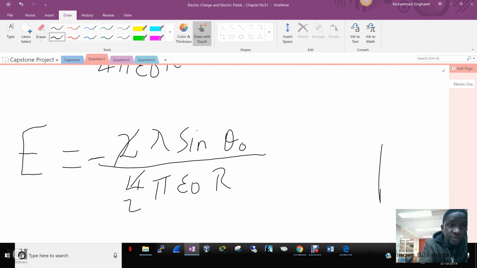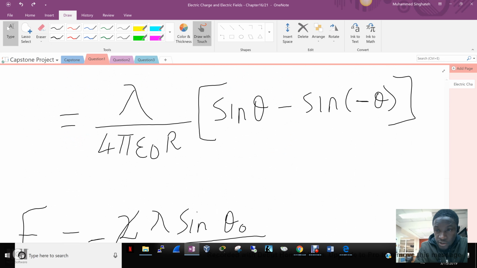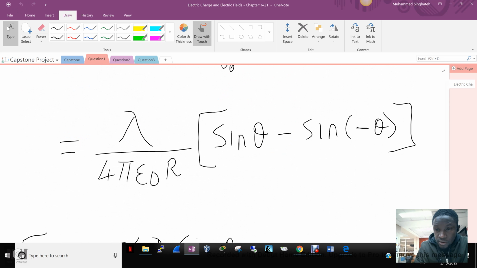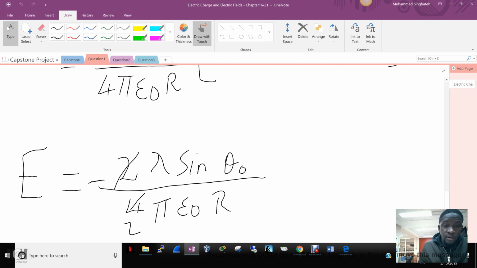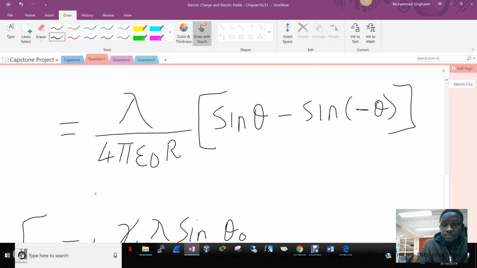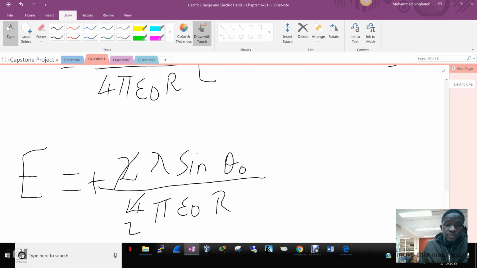What makes it negative is these signs here, which we multiply so that we have a negative answer here. So the final E is going to be positive instead of negative, because the two negative signs cancel each other.